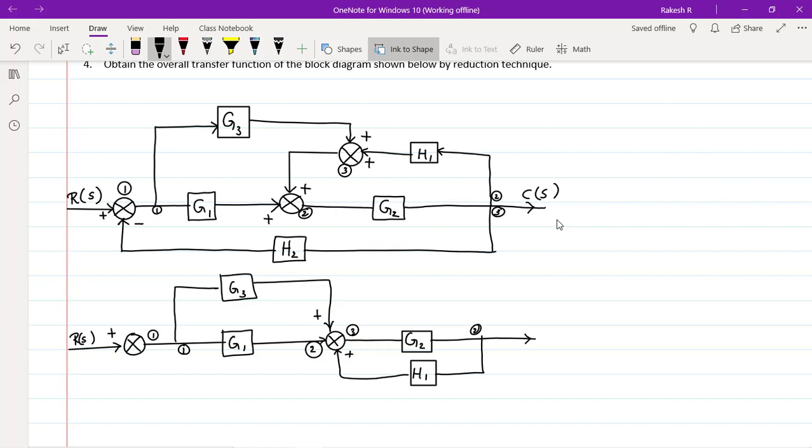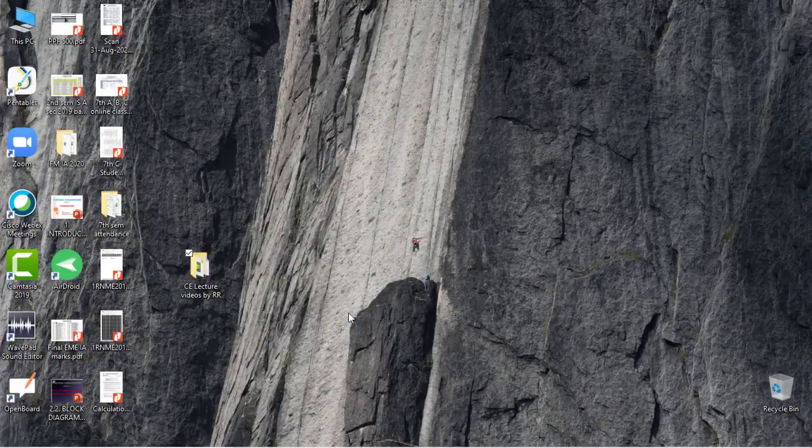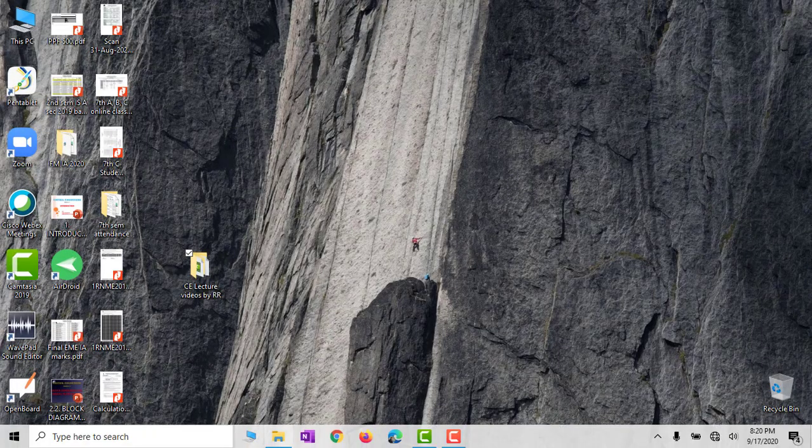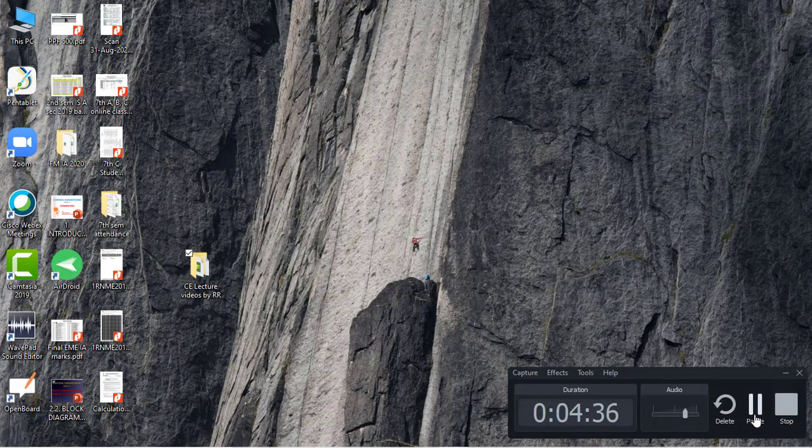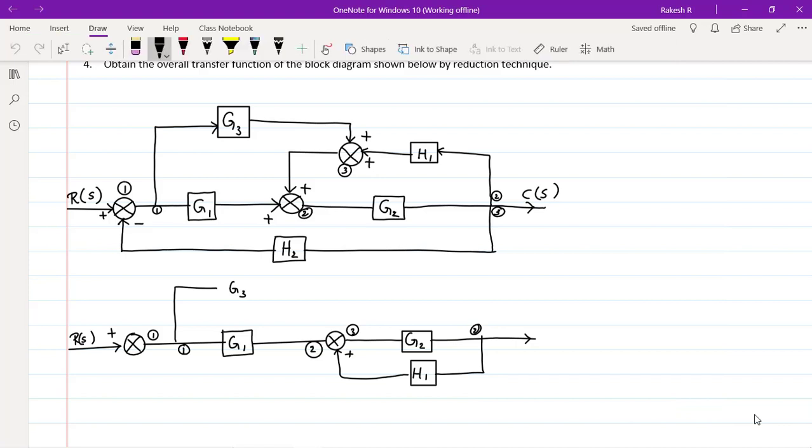This is also positive here. We have this block G3 that comes and merges with the summing point 2 here. Now 2 and 3 are combined here.